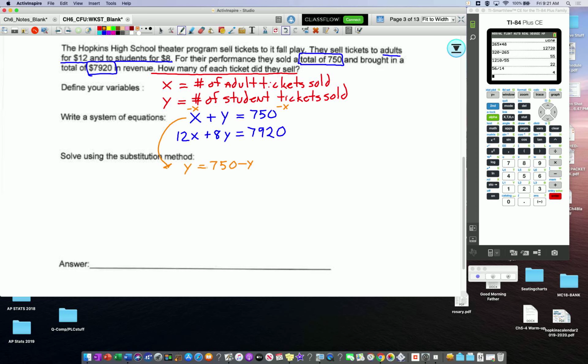So now I'm going to take this, got to make sure that says x, take this value and plug it in for y. So my new equation becomes 12x plus 8 times (750 minus x) equals 7,920. Wowzers.